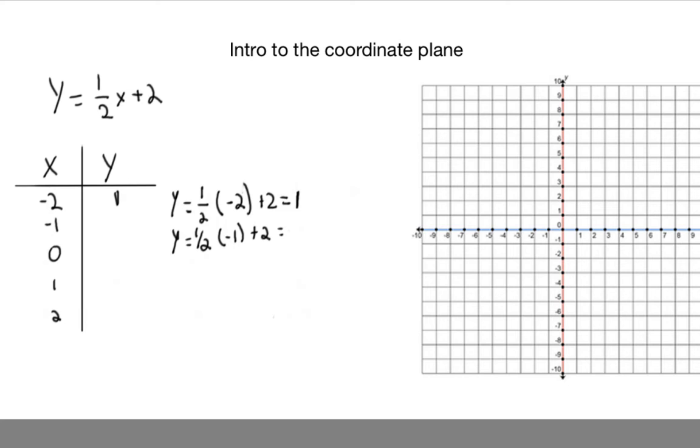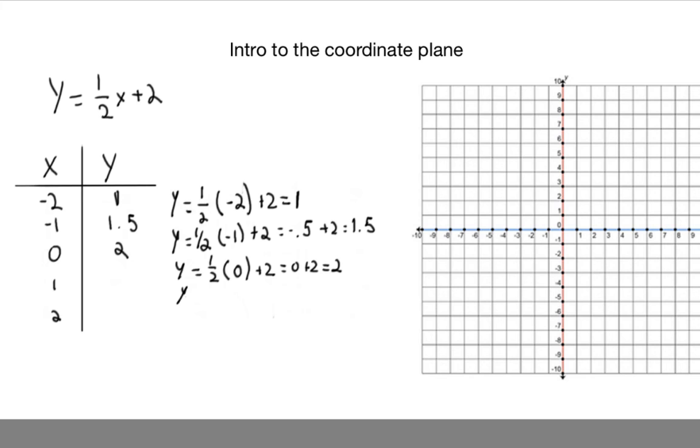So negative 0.5 plus 2 is equal to 1.5. Okay, so now we have y equals 1/2 times 0 plus 2. That's 0 plus 2, which is equal to 2. 1.5 over here, 2 over here.